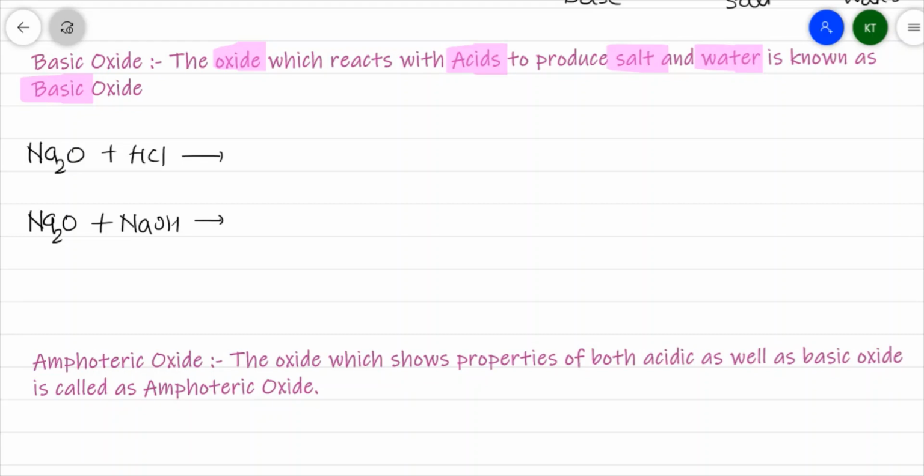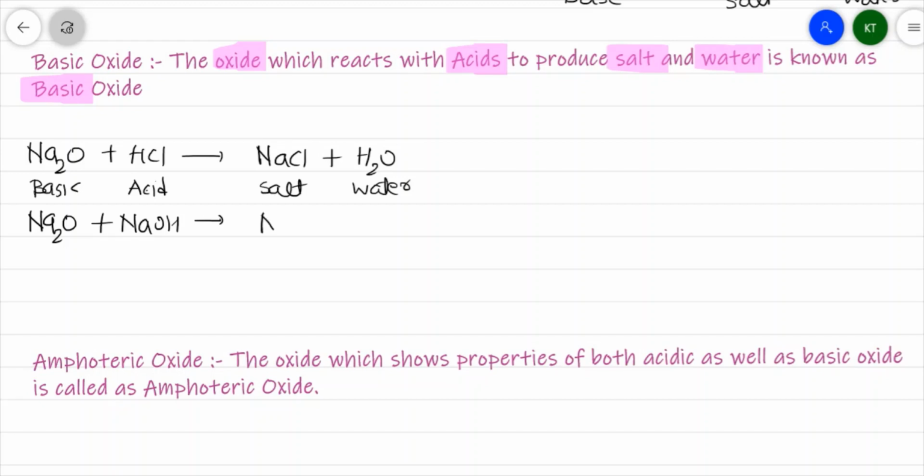So here Na2O reacts with HCl to give salt and water. HCl is an acid, NaCl is a salt, and this is water. So the taken substance must be basic in nature. And as Na2O is basic in nature, it won't react with a base.